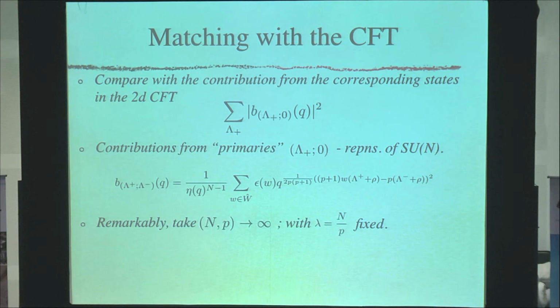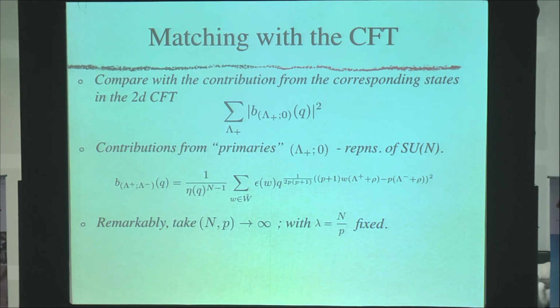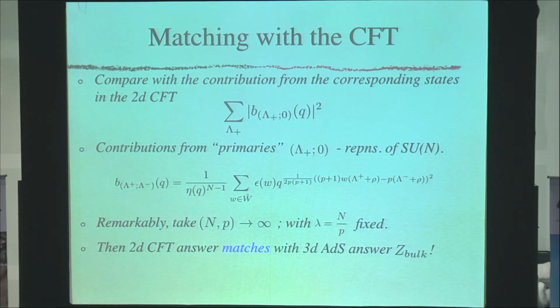So this, as I said, is for any n, and there is a parameter p in these theories that enters, for instance, over here. But if you take these generating functions and you take their large n limit with an appropriate scaling, keeping this combination fixed, which is what 't Hooft originally introduced in gauge theories and Yang-Mills theories as the appropriate scaling limit to take the large n limit, this answer, which doesn't look anything like the answer in the previous transparency, actually matches.